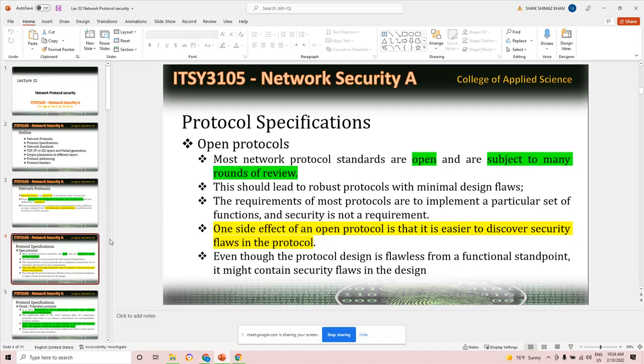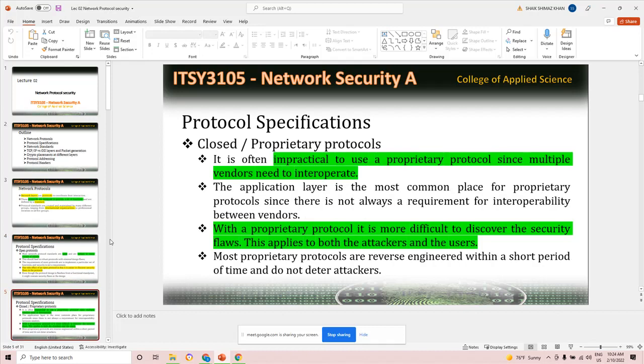You can try to analyze the code. You can give the review comment, and if it is acceptable, the community would accept. But the important drawback of this protocol is that it is easier to discover the security weakness.